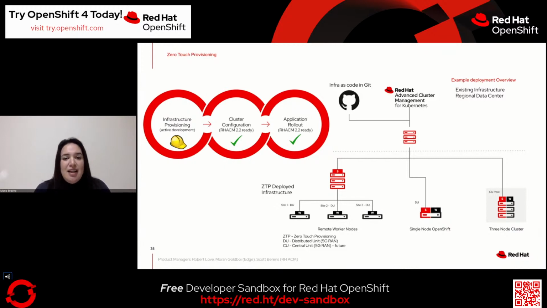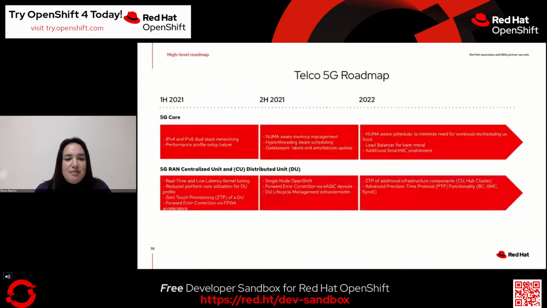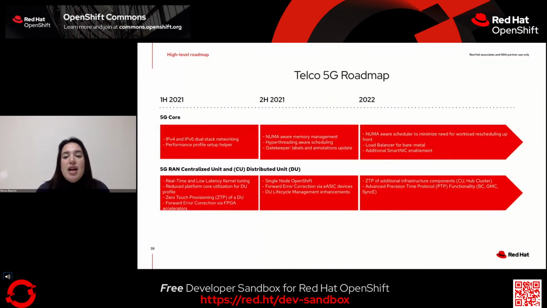And post-edge, let's talk about 5G. With OpenShift, we've already delivered a solid 5G core platform starting in the OpenShift 4.5 and 4.6 timeframe. While we continue to improve that core platform, we are now also expanding those requirements to include RAN centralized unit and distributed unit footprints starting in the first half of this year.